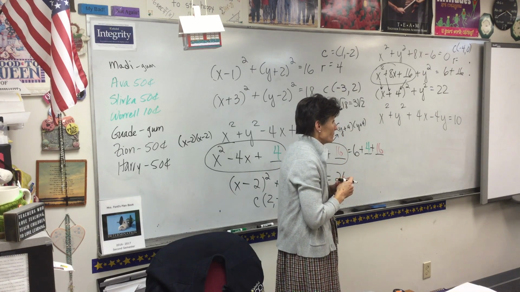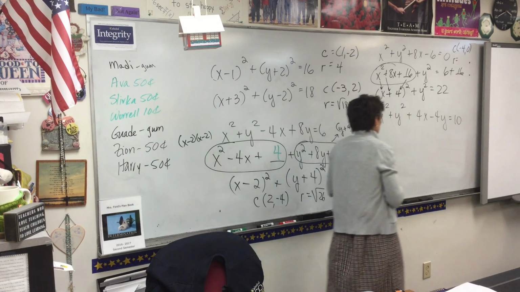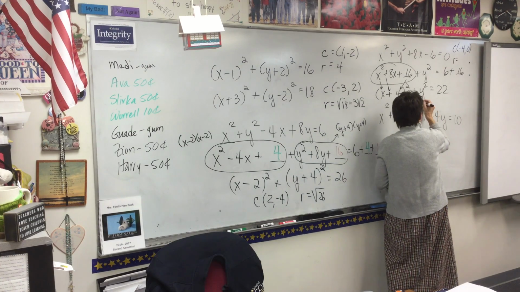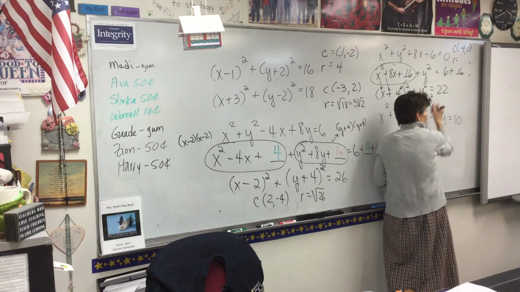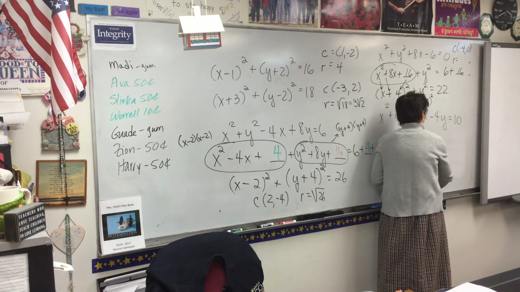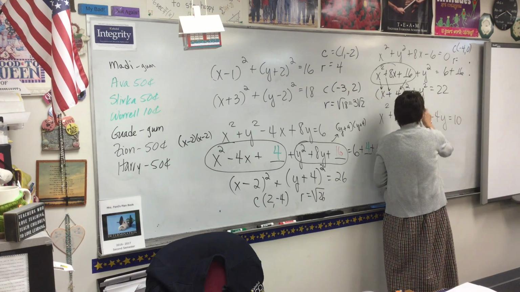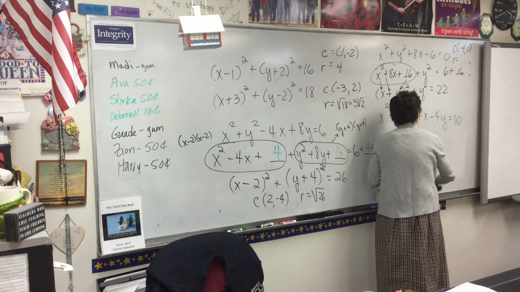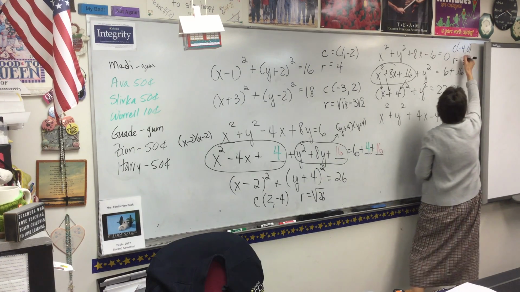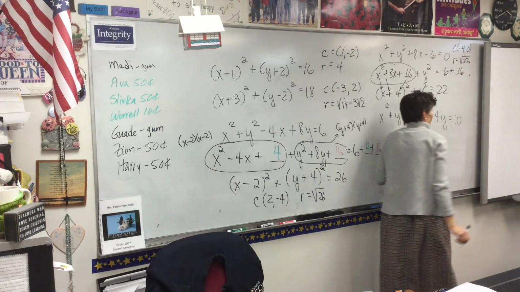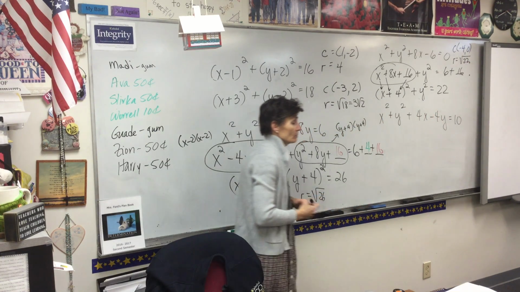It's at 0. Some of you were saying 1. If that were 1, you'd have something like this, right? That would be negative 1. We don't have that. So it's just at 0. And what's its radius? Square root of 22.